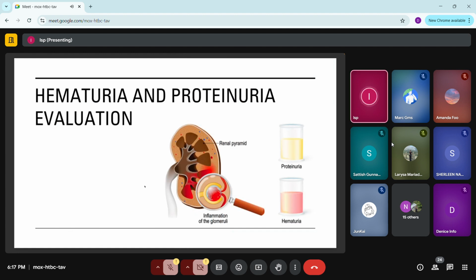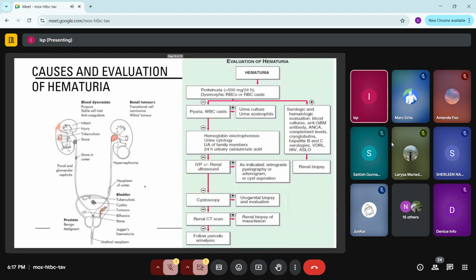Okay, then we will talk a little bit in detail about how we evaluate hematuria and proteinuria. We'll try to simplify the evaluation for you so that it won't be so complicated. So how do we evaluate hematuria? If we look at the basic anatomy just now, we have two kidneys, left and right.